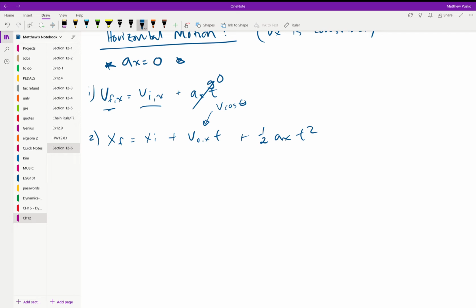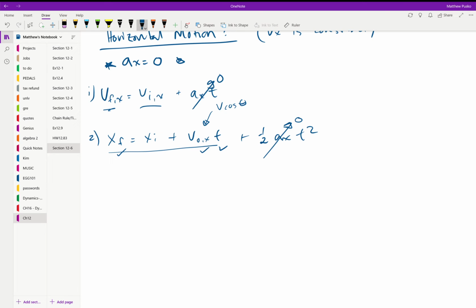The acceleration in the x is 0, so this whole term goes away. We're just left with: if you're traveling at this velocity for this amount of time, you're going to move this distance.